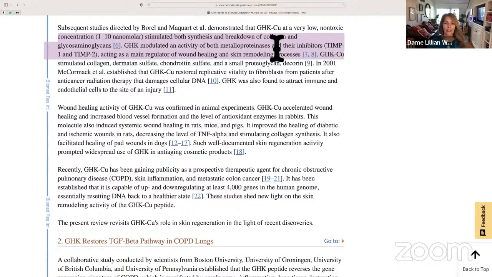So all this is telling you that this was acting as the main regulatory factor increasing wound healing and the skin remodeling processes.